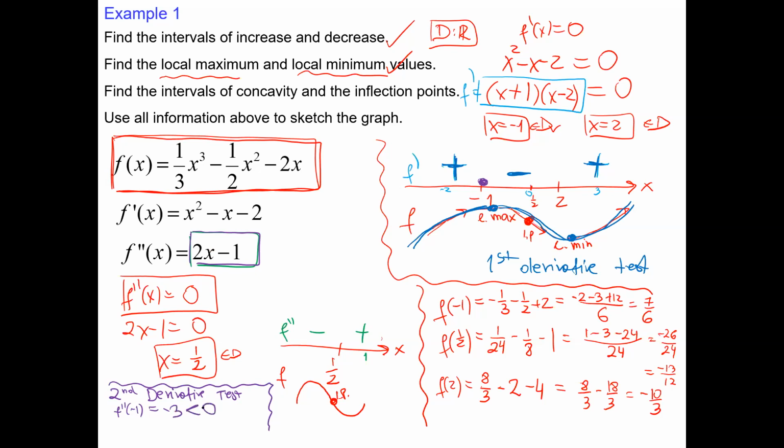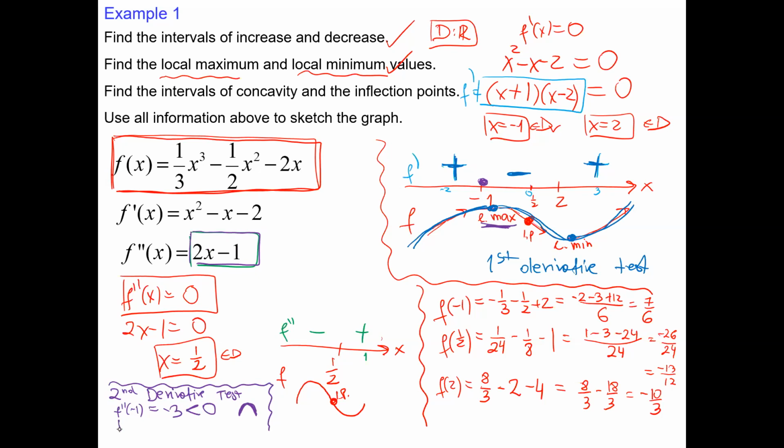This is less than 0. Less than 0 means negative second derivative. The function is concave down. If the function is concave down, at -1 we will have a local maximum. This is the only conclusion, which of course we knew because we did the first derivative test.